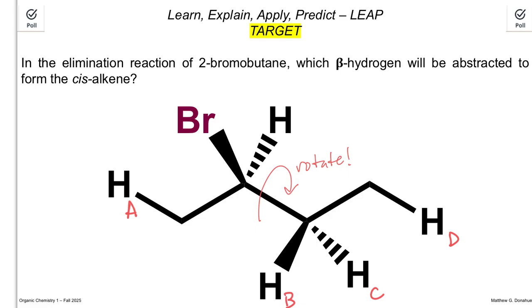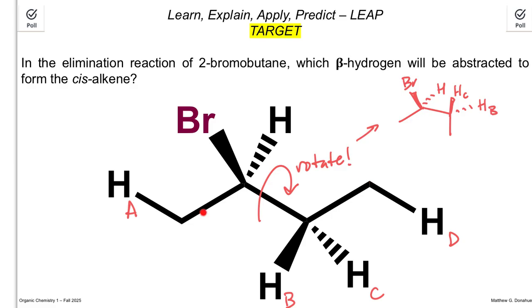This ends up being B. So that's essentially what will happen: now this HB is anti to the bromine, and so the methyl groups of that chain are on the same side now, or eclipsed.